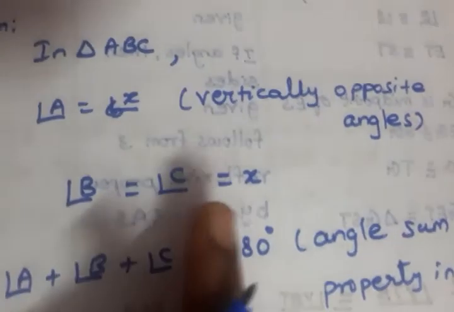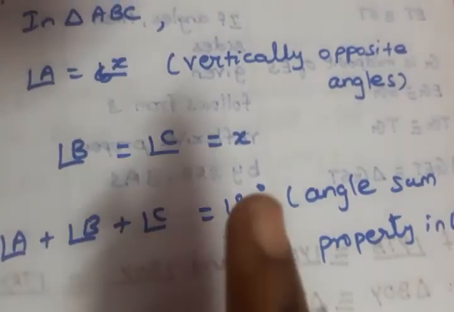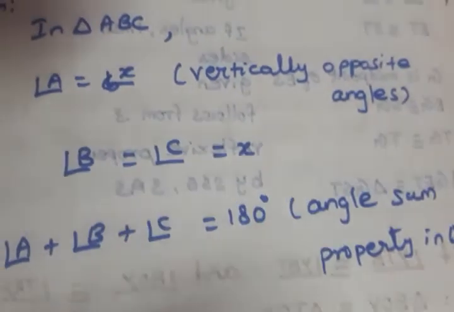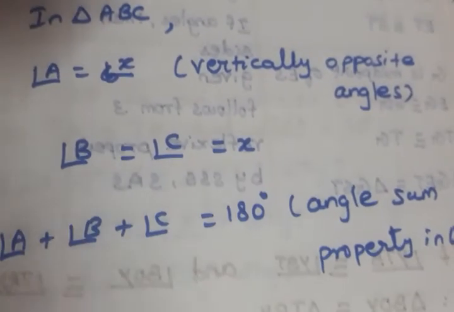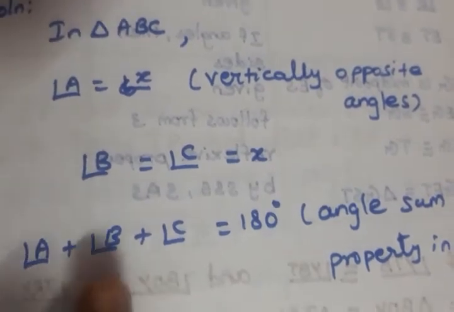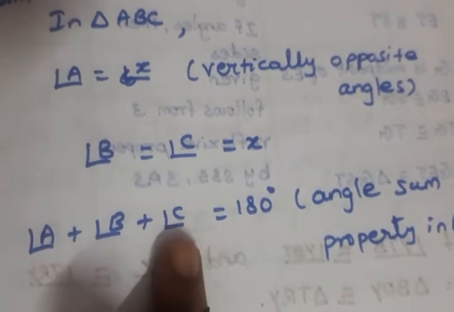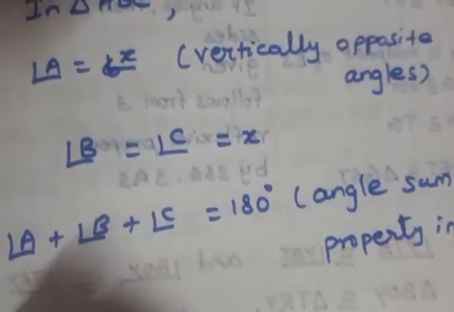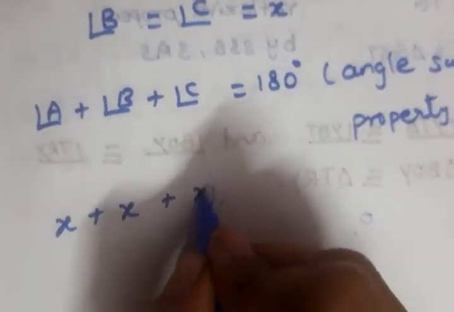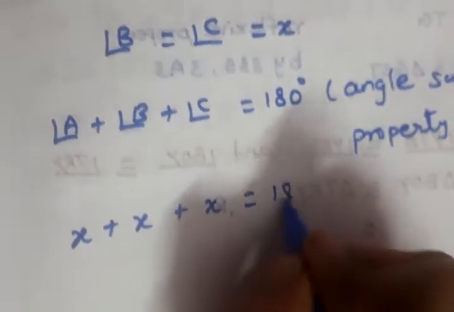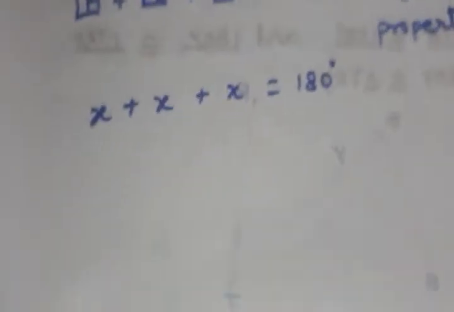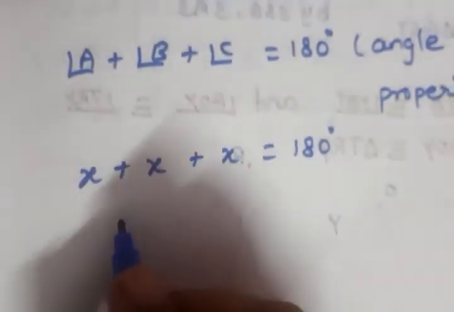So next one, angle A equal to x, angle B equal to x, angle C equal to x. So angle A value x plus angle B equal to x plus angle C equal to x equal to 180 degree. Then add all the x variables.